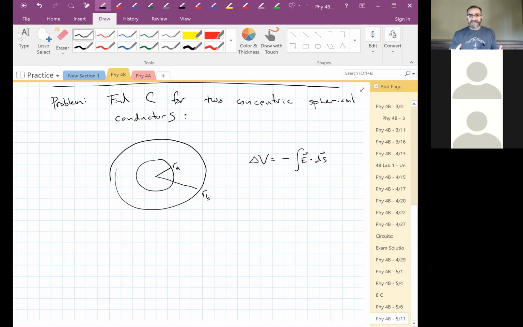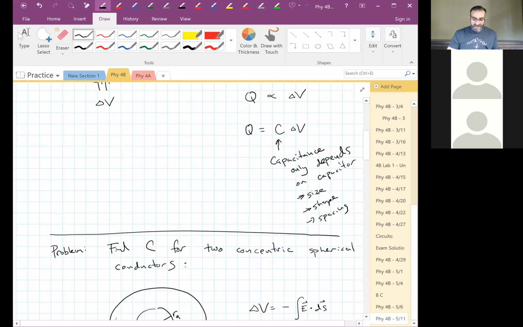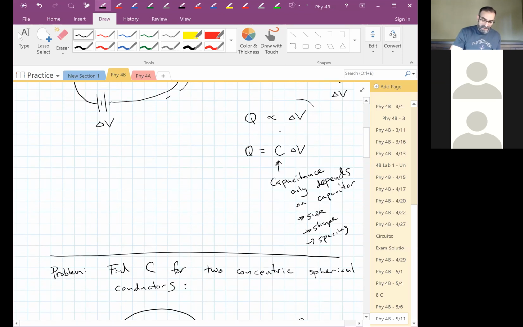Charge or charge density, right? And we can integrate that and get delta V, and that kind of points us in the right direction. We're trying to get delta V and Q in the same equation, and then we can figure out what C is from that.